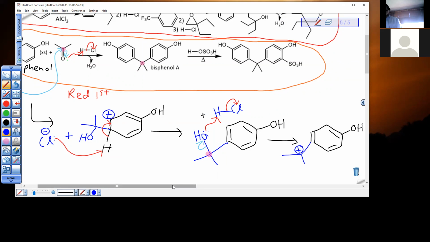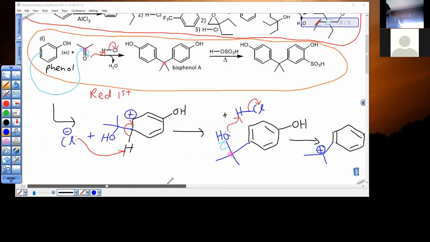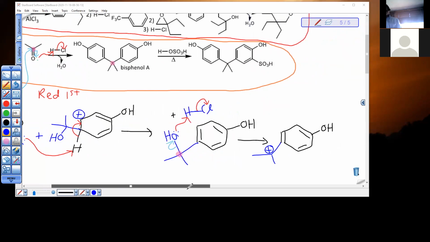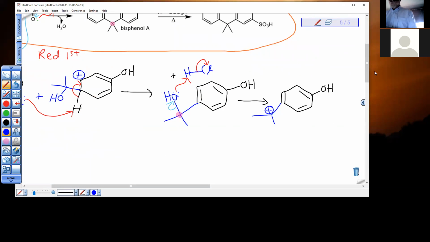Yep, that's how easy it was to make. And this is where we have to use our second molecule of phenol as the nucleophile here. So find a place to draw your next phenol.